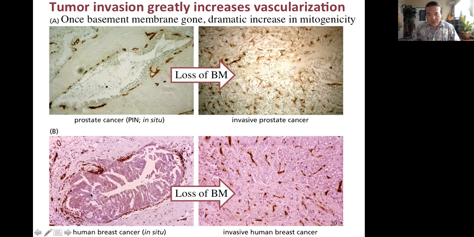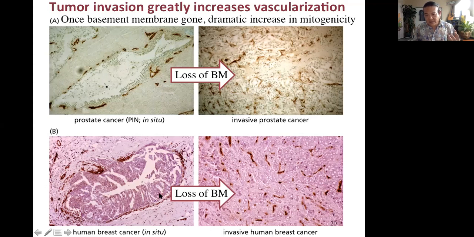Here below is human breast cancer, same type of example. When the breast cancer has gotten to a point where it's still in situ, you can really sense where the basement membrane is surrounding this, right? And these little dark dots are various capillaries, or maybe these are red blood cells actually, indicating where the capillaries are surrounding it. Right?